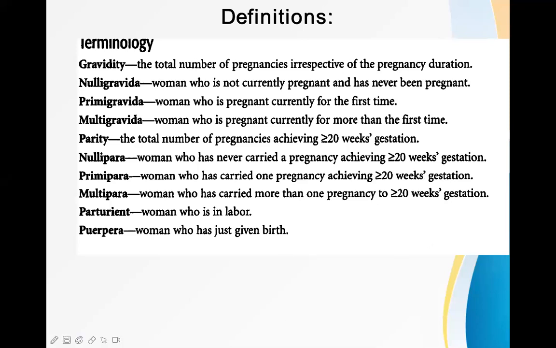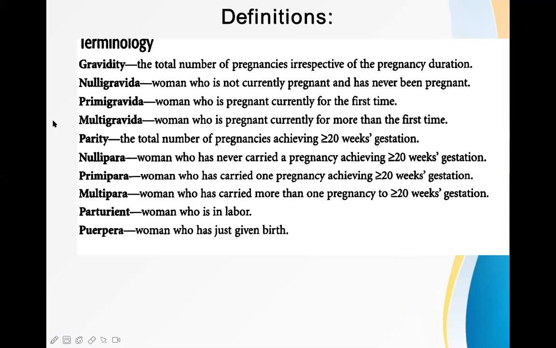Now listen carefully. Gravidity we already defined: the total number of pregnancies irrespective of the pregnancy duration. I already told you, after it is confirmed that the lady is pregnant, gravida is considered. If the urine HCG test is positive, she is a gravid lady, meaning she is pregnant.